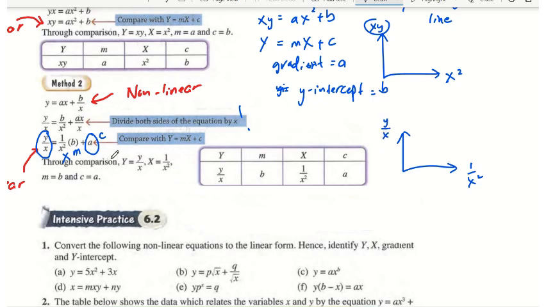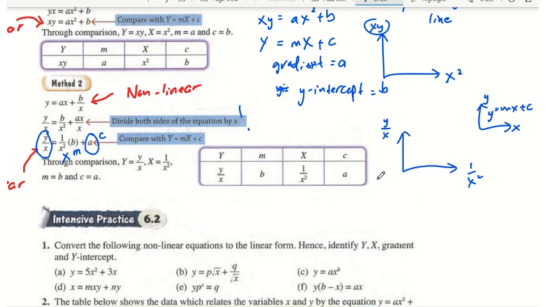The equation itself, when you see it, does not have power 1. But when we transfer into a graph with axes that are not x and y themselves, it is linear, a straight line, if the equation is like y equal to mx plus c. Here it is 1 over x squared for the x-axis and y over x for the y-axis.